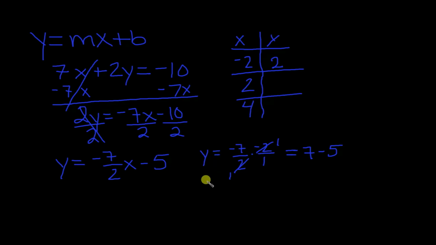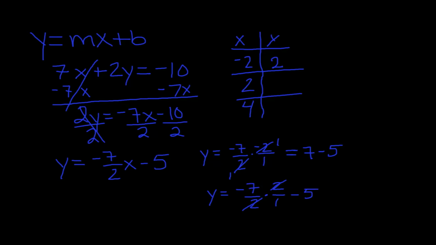Now let's plug in 2. Let's see what 2 gives us. y equals negative 7 over 2 times 2 over 1. And we have to bring this minus 5 over from our original equation. If you notice, the 2's are both positive again, so they're just going to cancel out. You're left with negative 7.